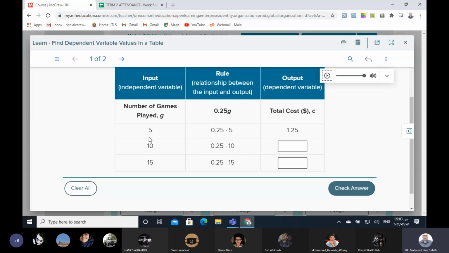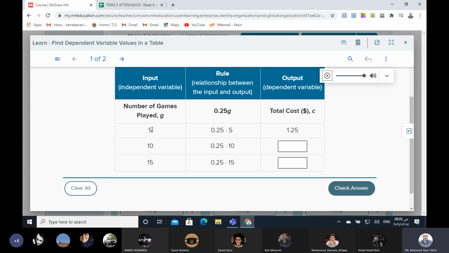Right, listen here. If I played 5 games, the cost of one game will be 0.25. So 0.25 times 5 will be the cost, 1.25.